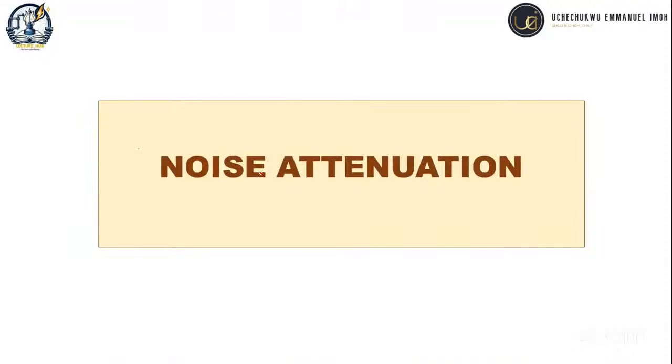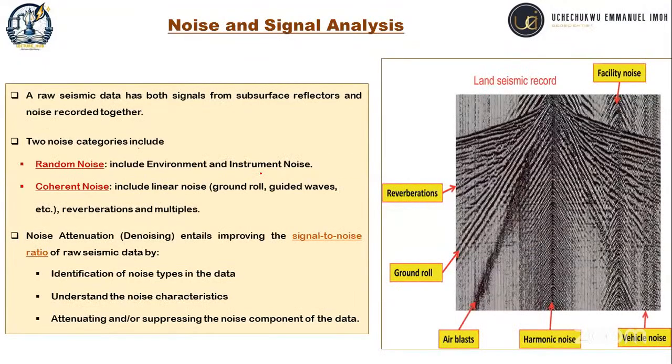We discussed noise attenuation, and I told you that noise can be random or coherent in your data sets. The idea here is to attenuate the noise. Anything on the seismic data that is not hyperbolic in shape is noise. Even the first break we talked about in the previous slide is noise, because we are not interested in refracted seismic waves.